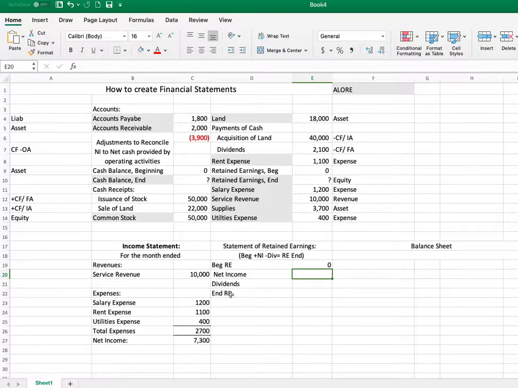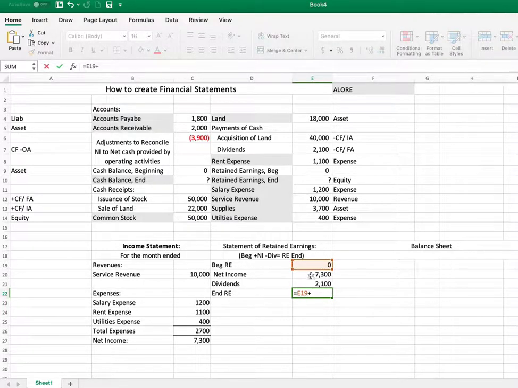Then net income is not given to us, but we had to calculate net income when we created the income statement. That's why the income statement is always created first. So 7,300 is net income. Dividends paid is given to us: 2,100.